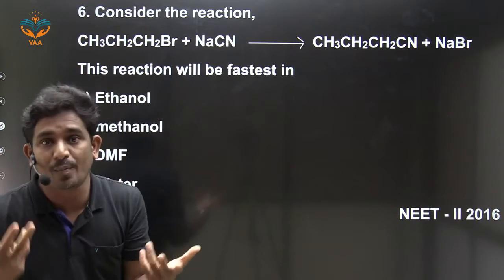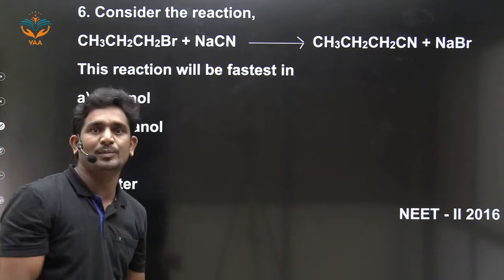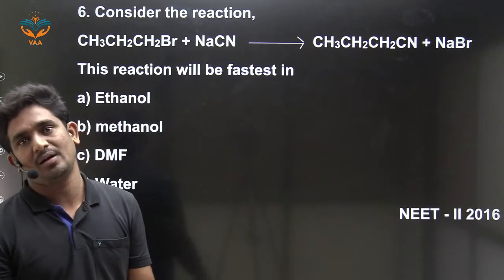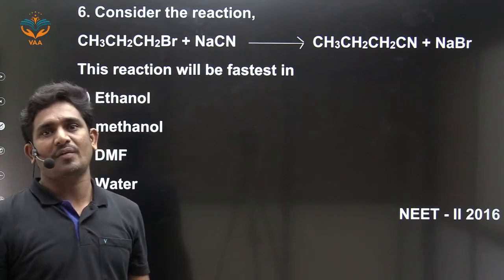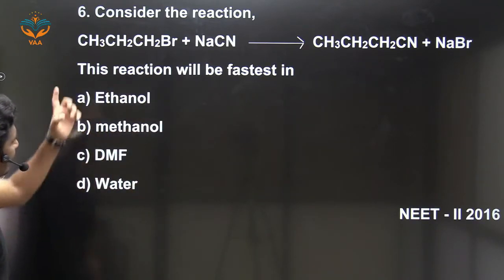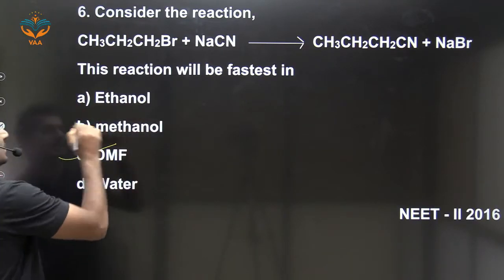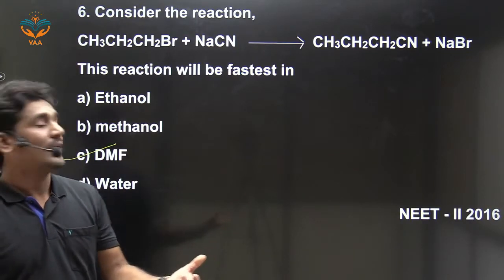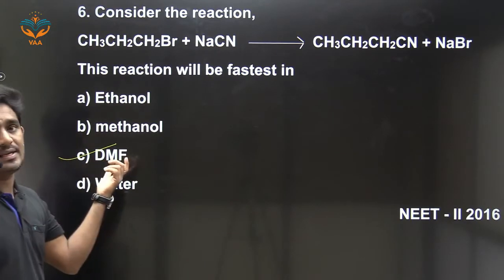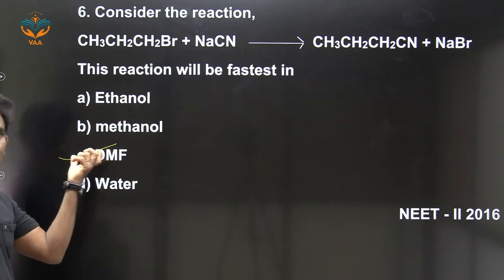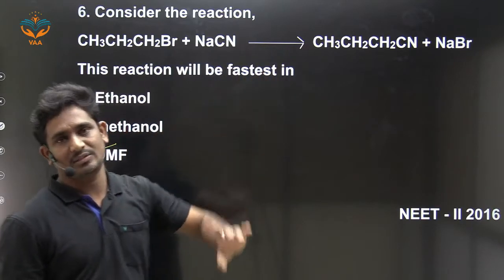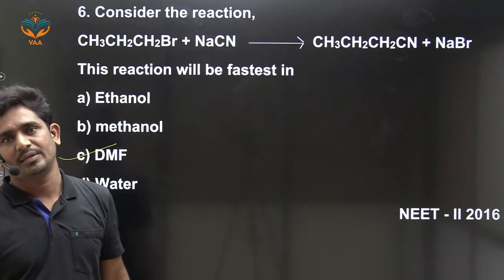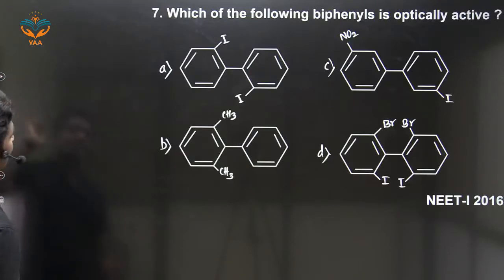In the SN2 mechanism, polar aprotic solvents are favorable. Which is polar aprotic here? There is only one, that is C, DMF, dimethyl formamide. So this is the polar aprotic solvent that is favorable in this reaction.